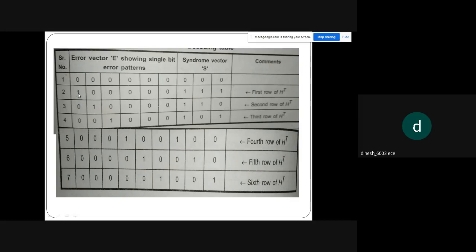If the first bit is in error, write 1 and the remaining zeros. Second bit, 1 and remaining all zeros. If the third bit is in error, remaining all zeros, and the corresponding syndrome will be obtained like this, which is always the corresponding row of H transpose. This is your decoding table.